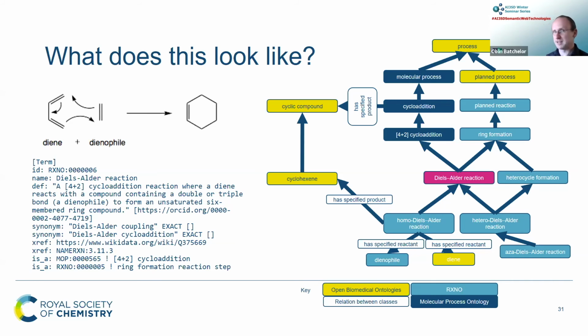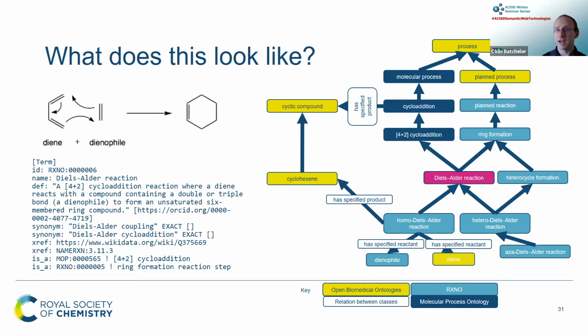There's less specific processes that it's an example of, and there's more specific things that are also Diels-Alder reactions. And actually, when you're taught about that at university, I think it was a homo Diels-Alder reaction, where everything all around the ring is a carbon atom, and there's other varieties like an aza Diels-Alder reaction as well.